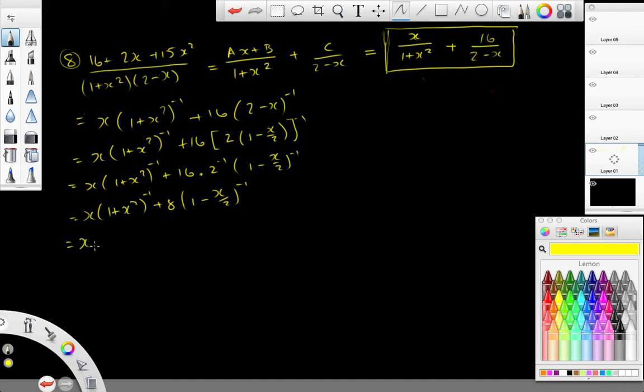Alright, so now we need to use the expansion, and we're going to go up to the power of 4. So leave ourselves a bit of space here.